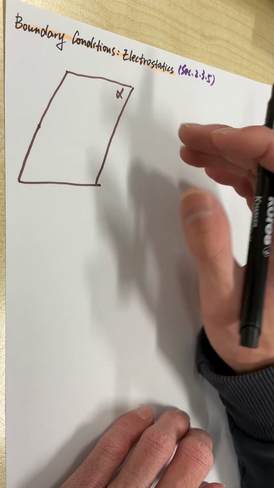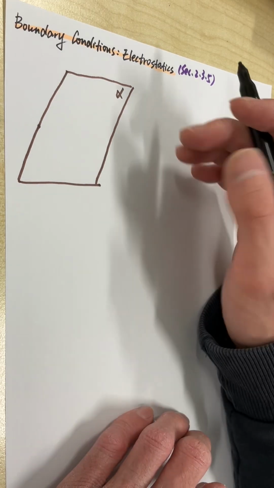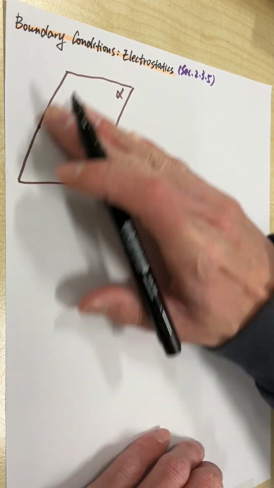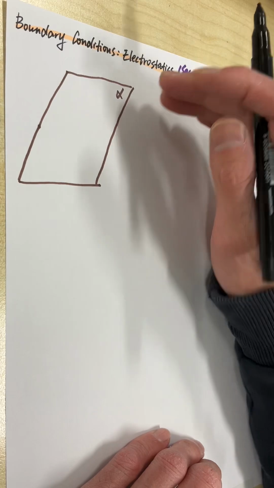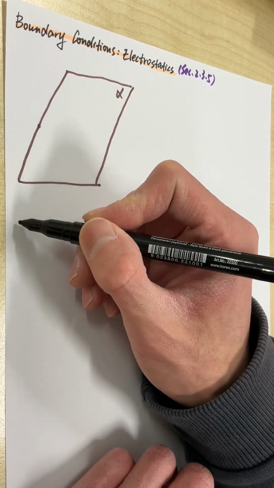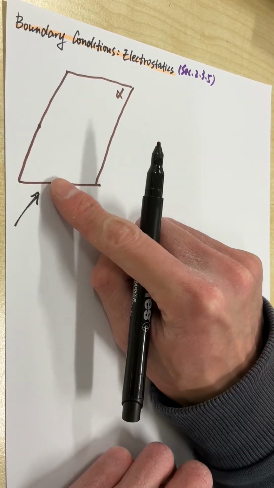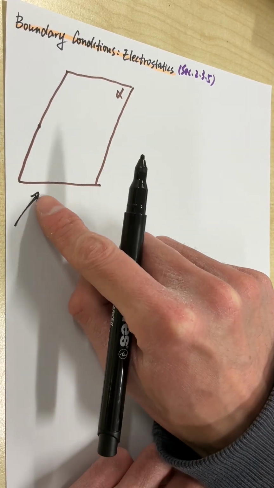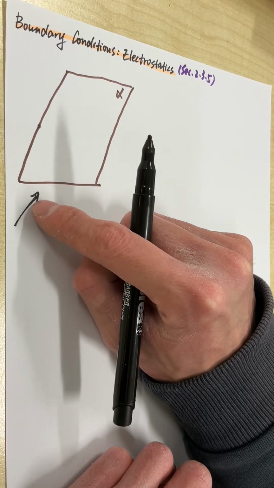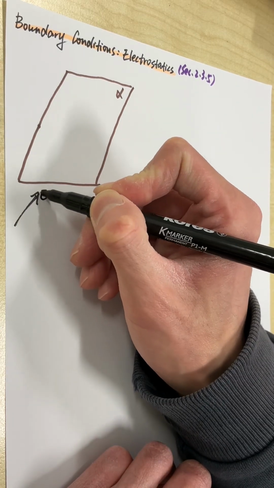So we investigate the electric field. We have a uniformly charged surface. Let's consider this to be infinite. Then if the electric field comes this way and crosses the surface, the electric field would have two components.